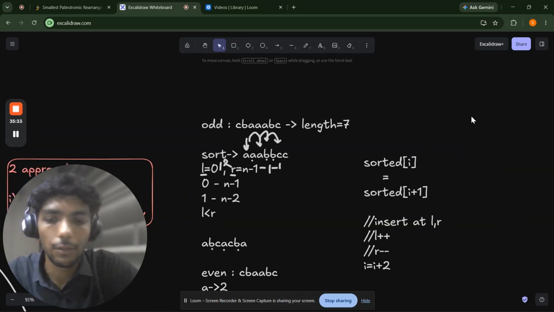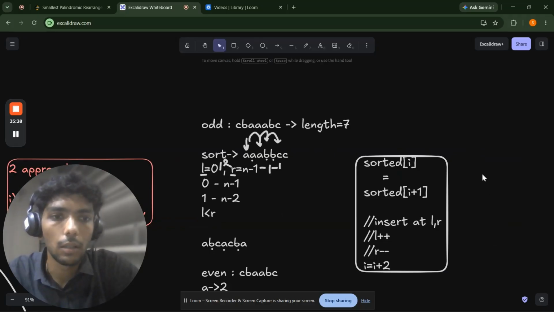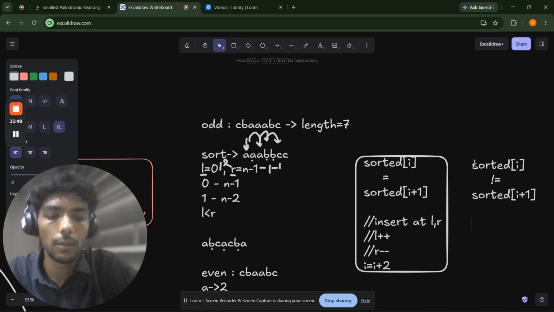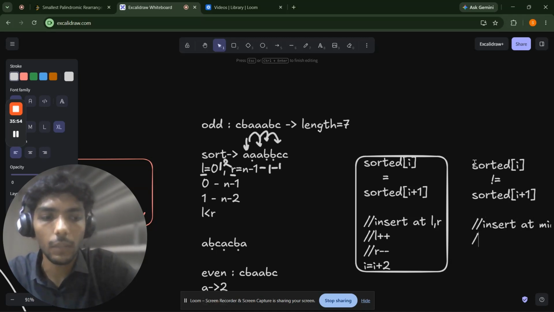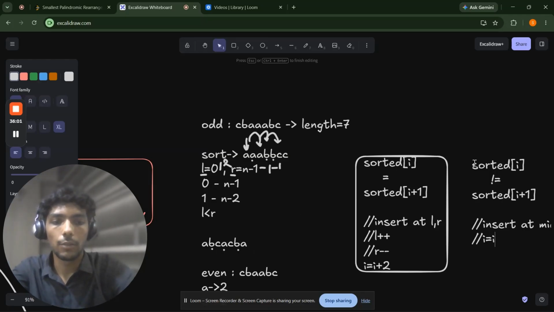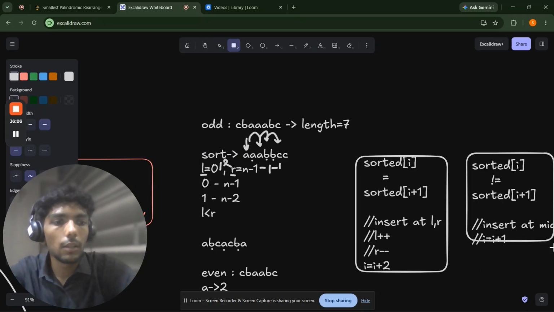And when sorted I not equals sorted I plus 1, what we do is insert at mid, L and R are untouched, and I equals I plus 1.